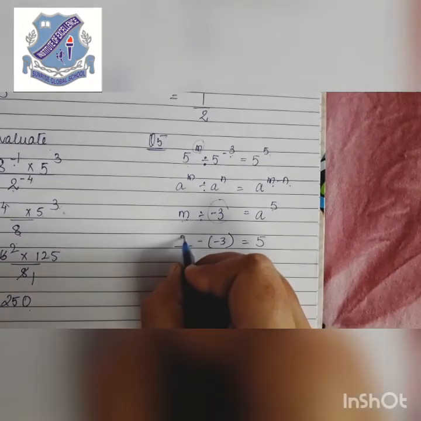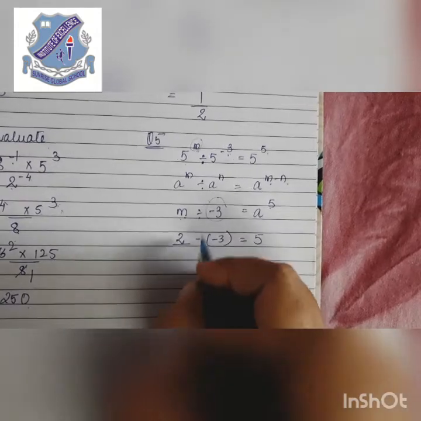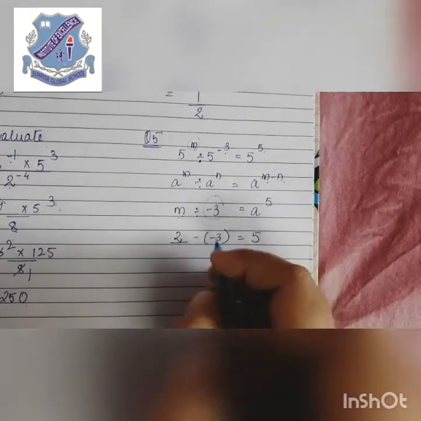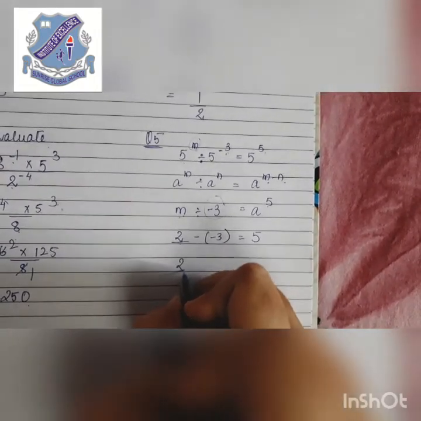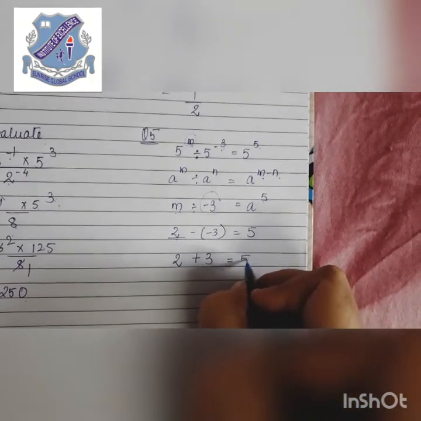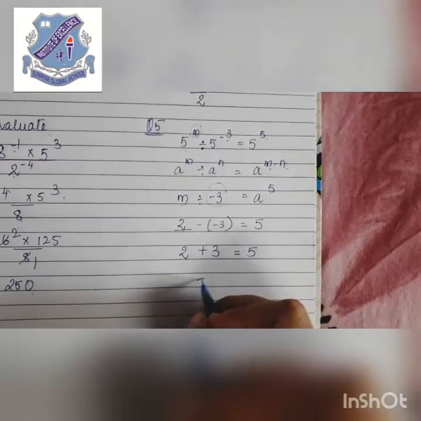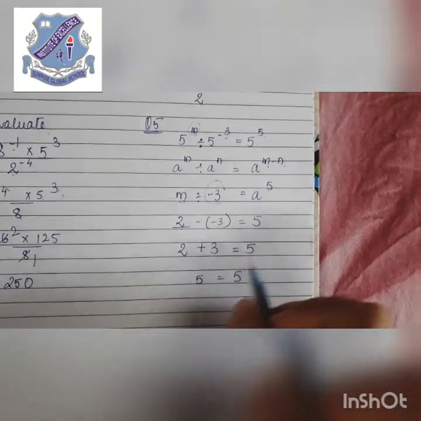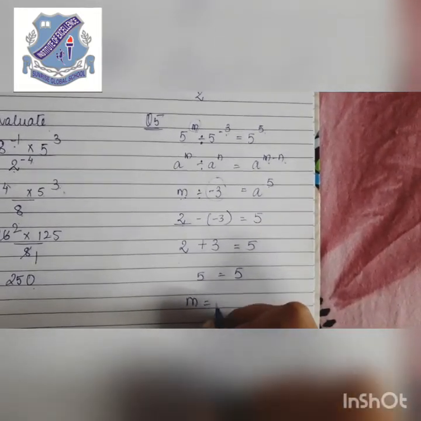So here it is very much simple that when we deduct 2 from minus 3 we will get 5. How is it possible? It is like minus minus will be plus, and this is how you will get 5. So 2 plus 3 is 5. 5 is equals to 5. So here m power will be 2.